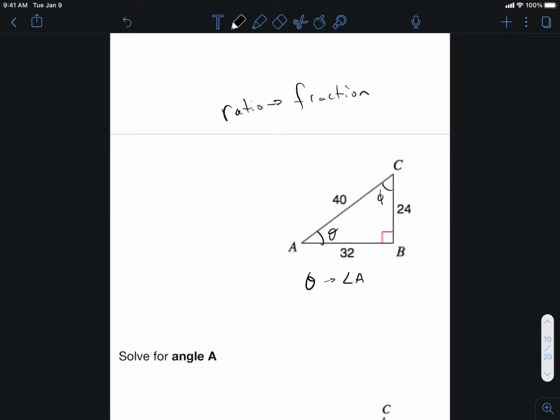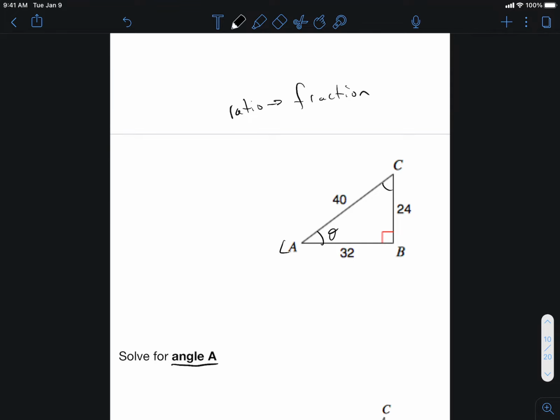So with all that in mind, this question just wants you to solve for angle A, which is down here, angle A, which I've said is theta. What we learned yesterday was this thing called tangent.